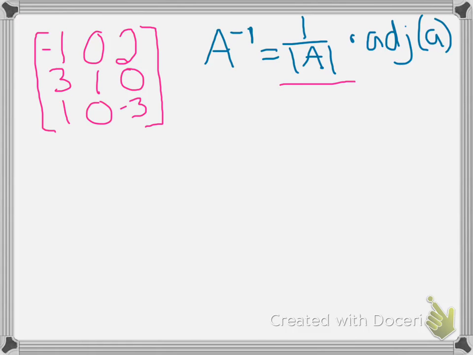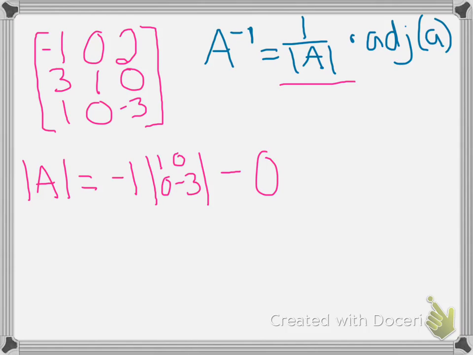So let's go back. The determinant of A equals -1 times the determinant of 1, 0, 0, -3, minus, because you have to follow the matrix of cofactors, which is adding, subtracting, adding in the top row.